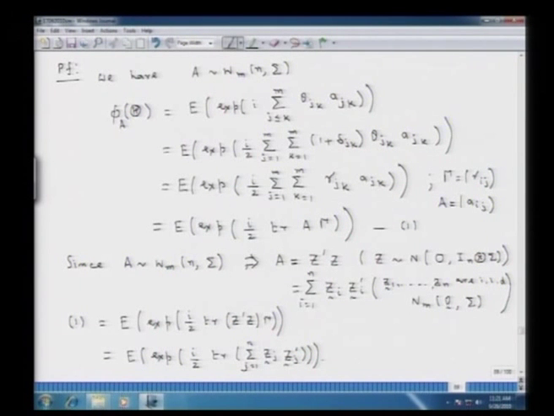It would be advantageous to use this particular form in order to prove this result.